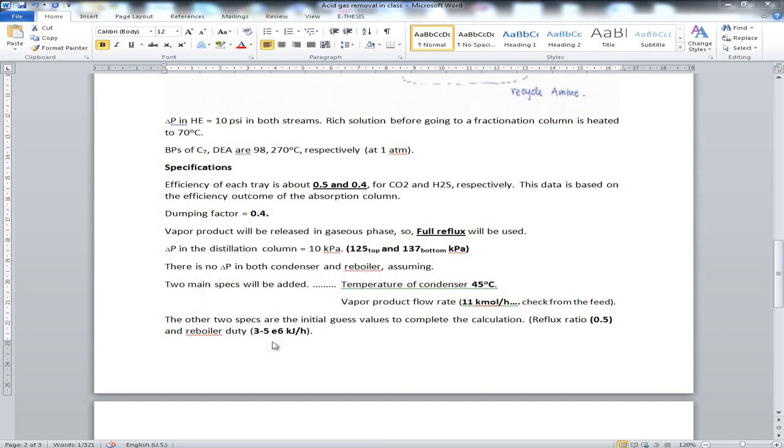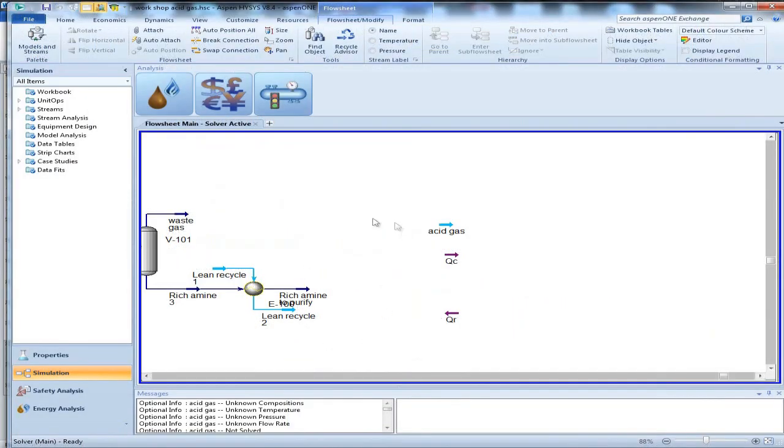We will have to specify 4 specs. In this case, 2 will be main specifications, and the other 2 will be just initial guess values. Okay, now let's connect this.